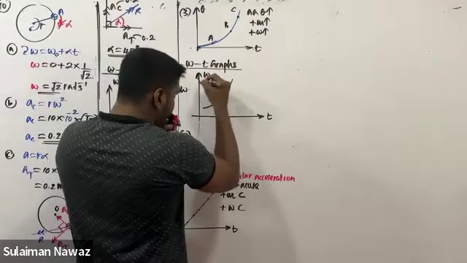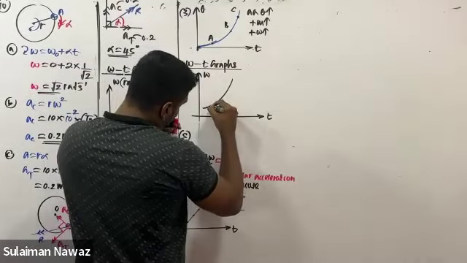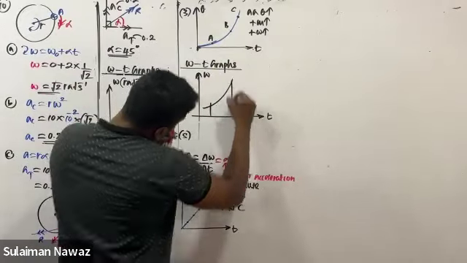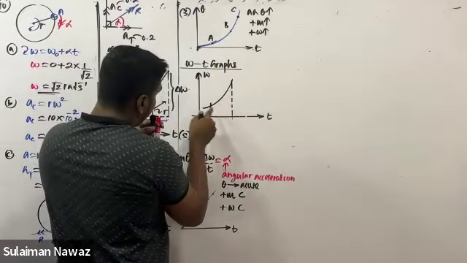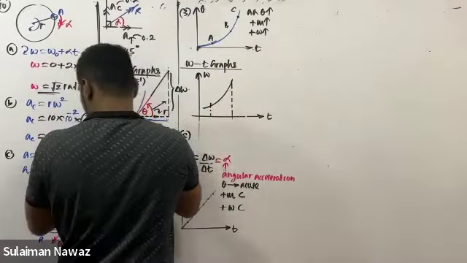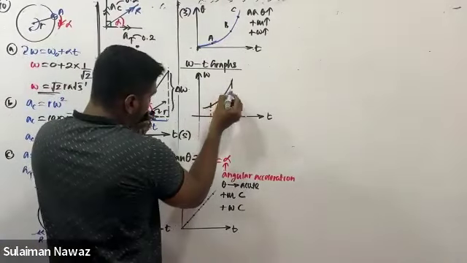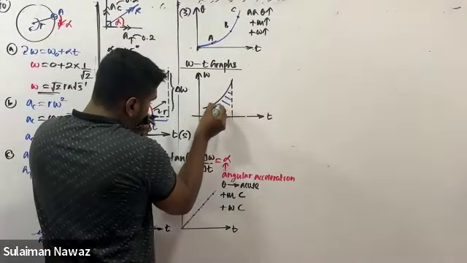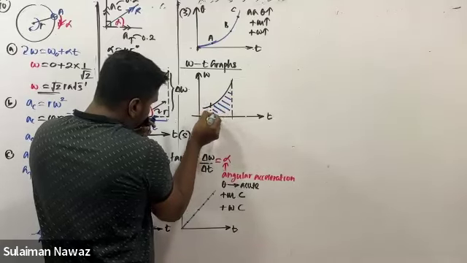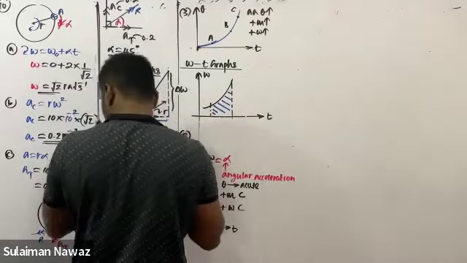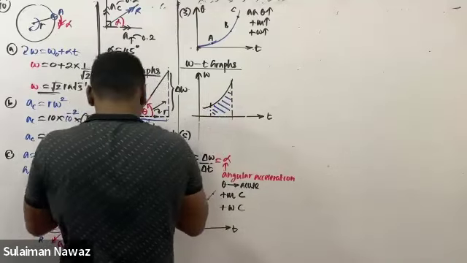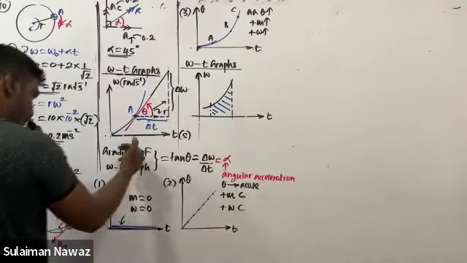The area under the omega-t graph, this area, represents angular displacement.